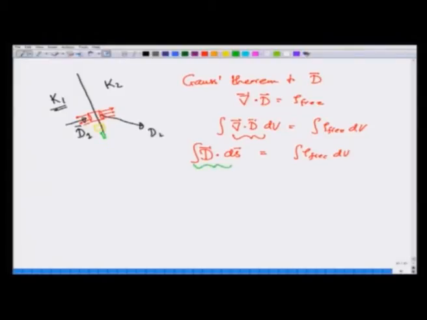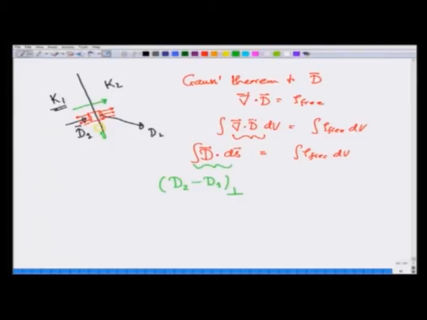Then this gives me D2 minus D1 perpendicular, if I take the direction of D to be the same all over.